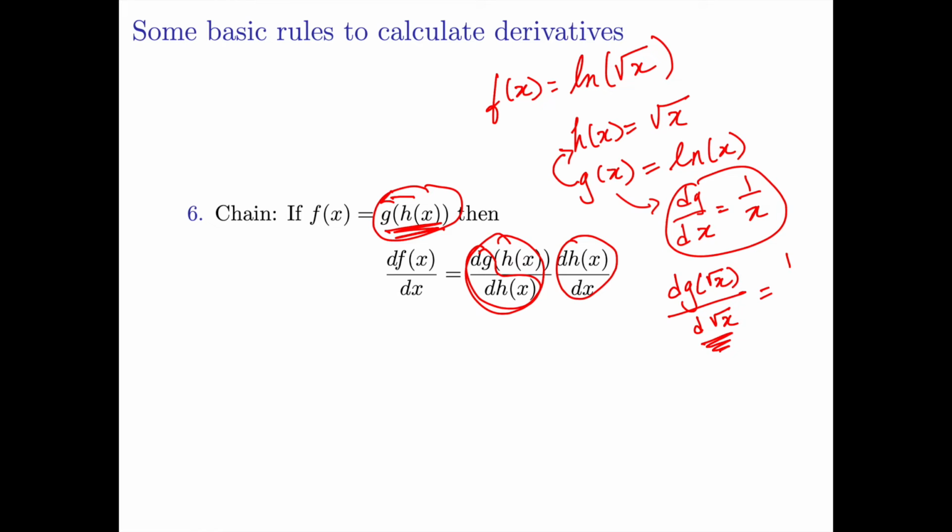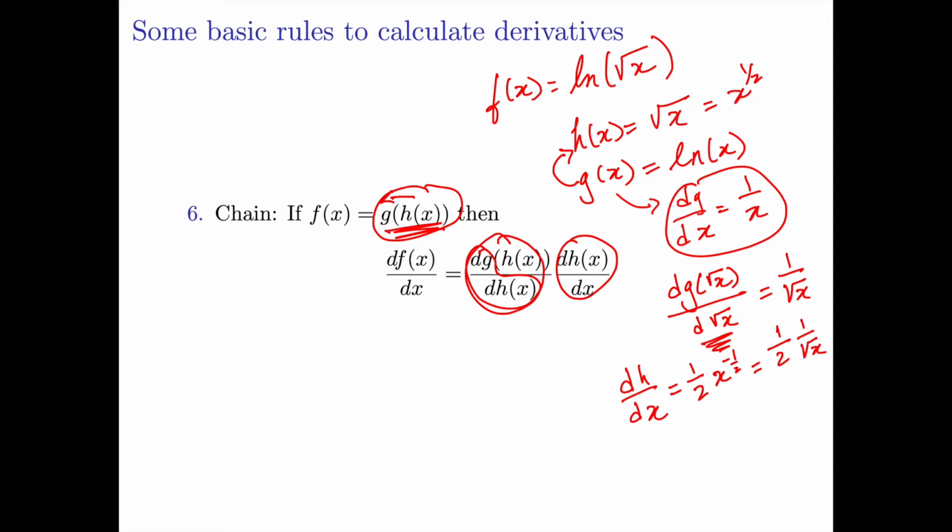So that's going to be 1 over square root of x. H of x in this case is x to the 1/2. That's what the square root is. So dh dx is using the exponent rule. A is 1 because we're not multiplying x to the b by anything. B is 1/2. So we put 1/2 x to the minus 1/2. Remember, x to the minus 1/2 is 1 over x to the 1/2, or in other words, 1 over square root of x.